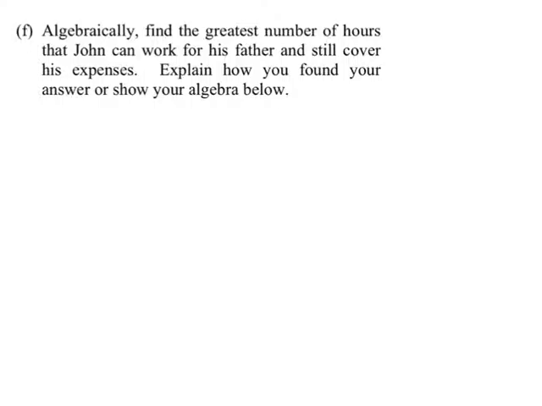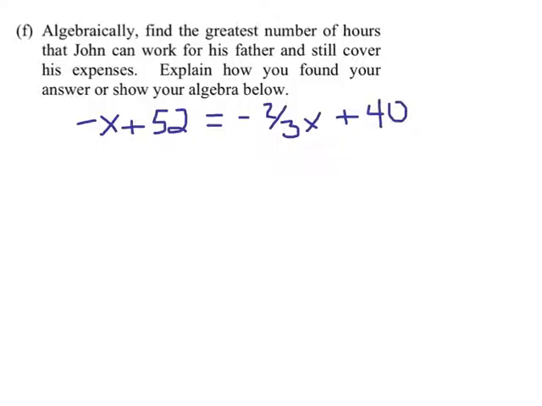You've got to take the one with the negative x plus 52, because remember you have y less than or equal to that, and set that equal to the other one, where the y part was negative 2/3 x plus 40. Now remember, you can also do this on the graphing calculator and take a look at the table to see if it comes out to an exact point, and it will. I would use that as a check, just to do a little practice here.